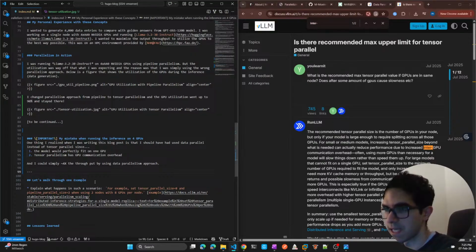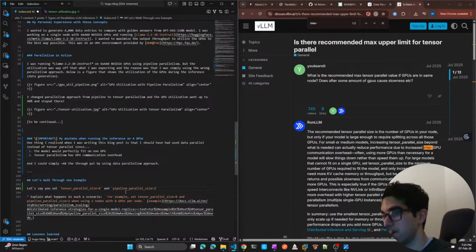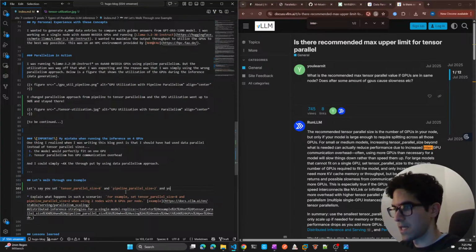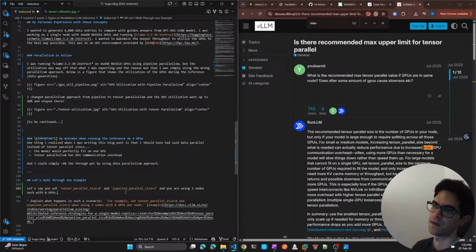For example, let's say you set tensor parallel size to 8 and pipeline parallel to 2, and you are using 2 nodes, each with 8 GPUs.